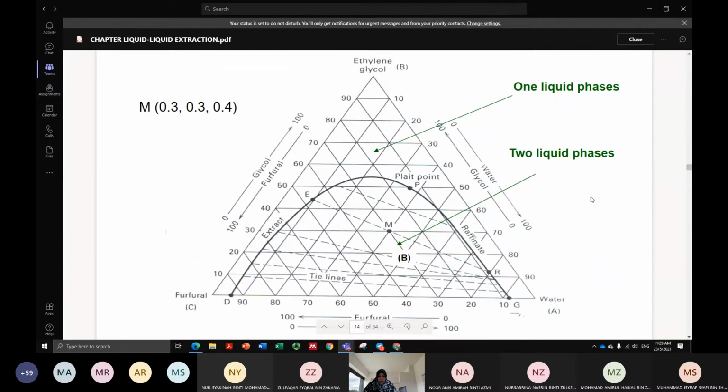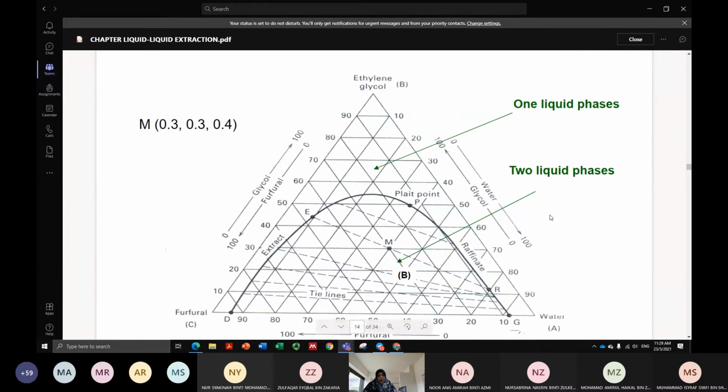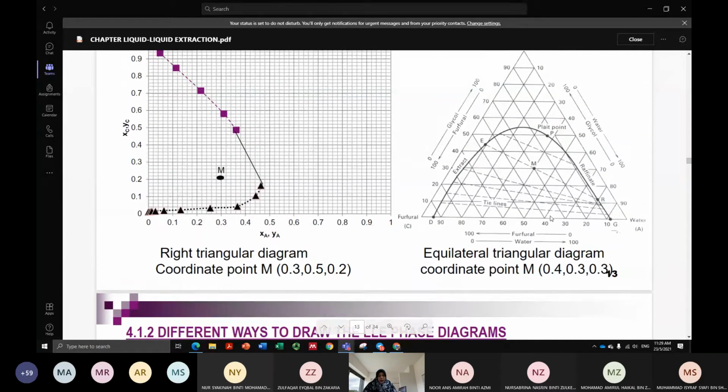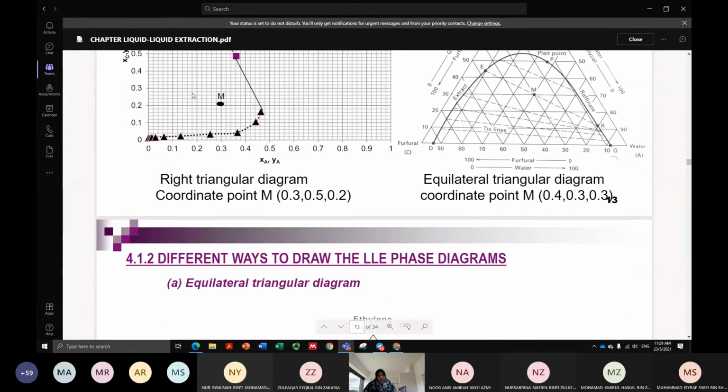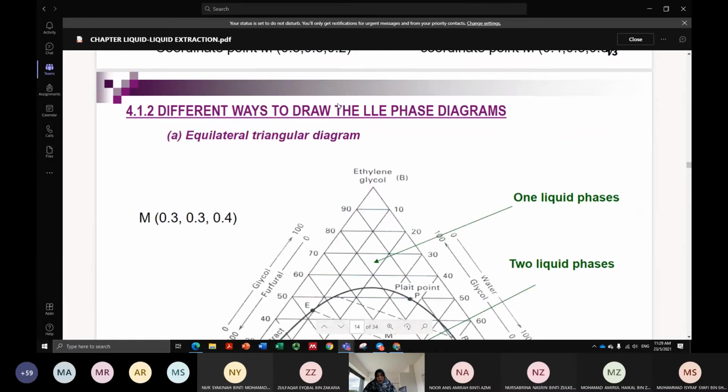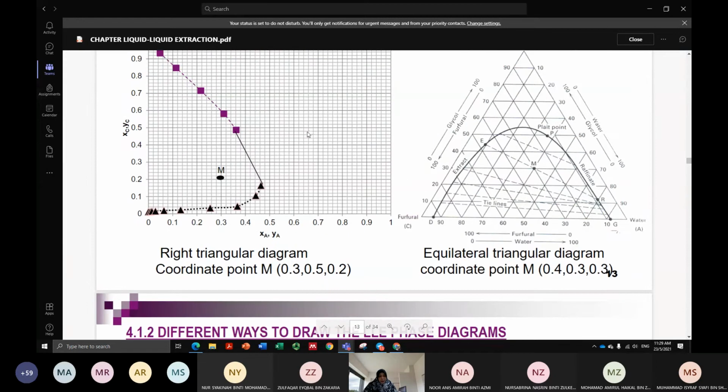When you want to label which area is called one liquid phase or two liquid phase, for the right triangular diagram, it is about the same. This area is called the two liquid phase area or region. The one which is outside of the curve is called the one liquid phase region.